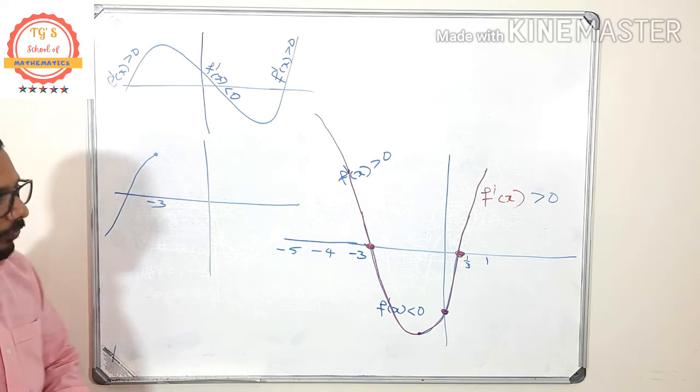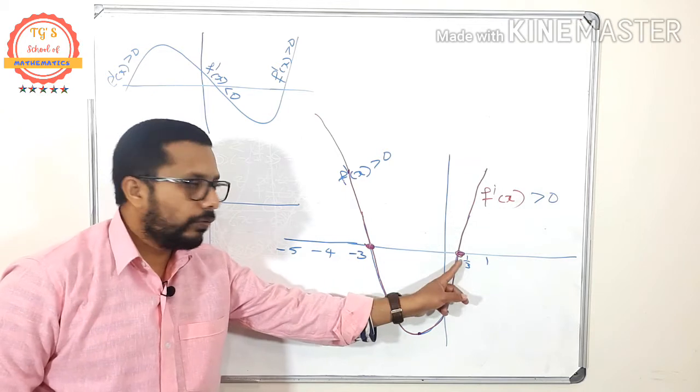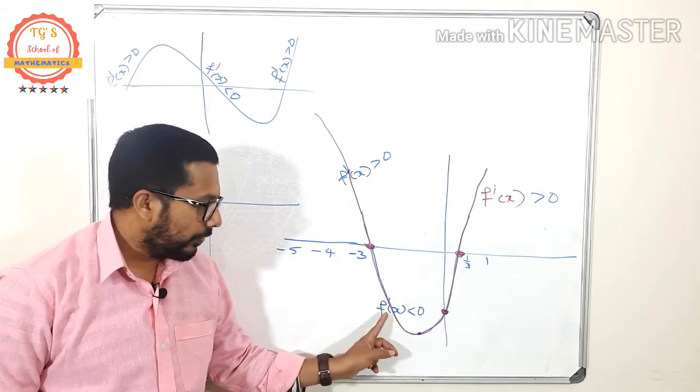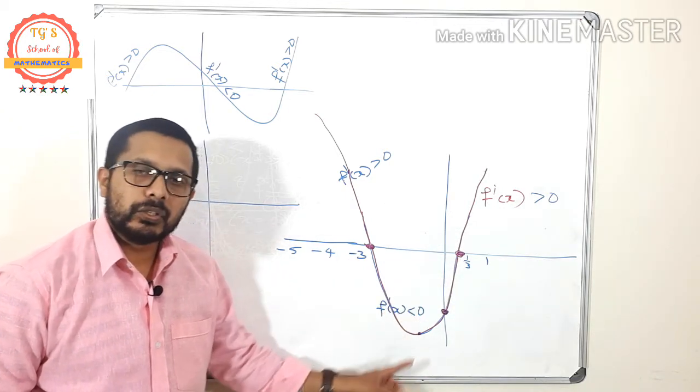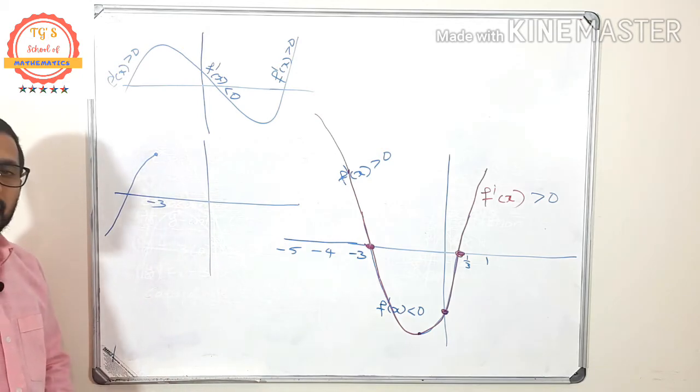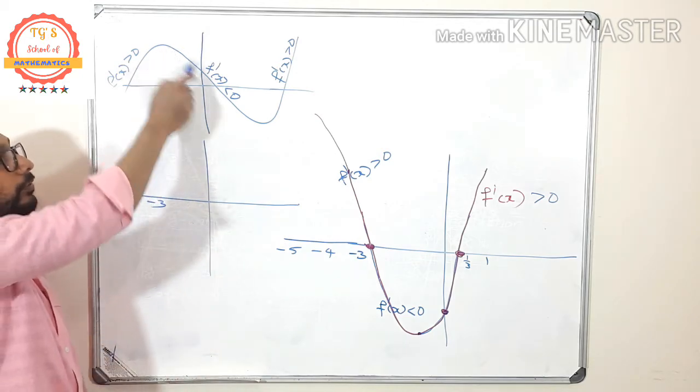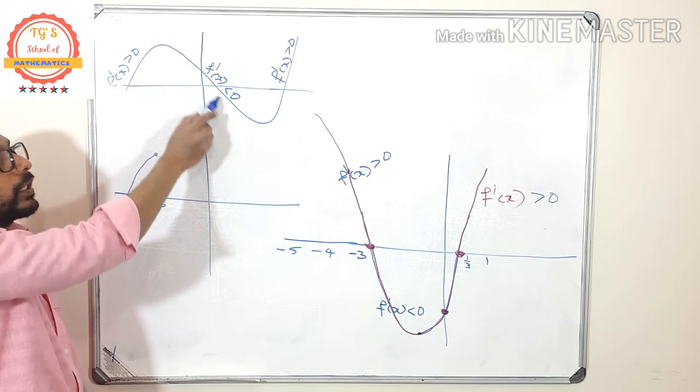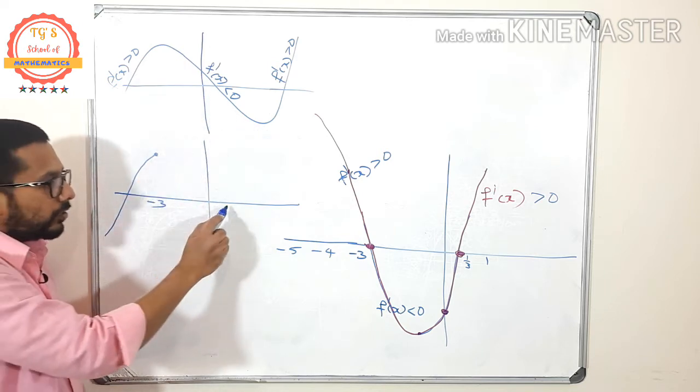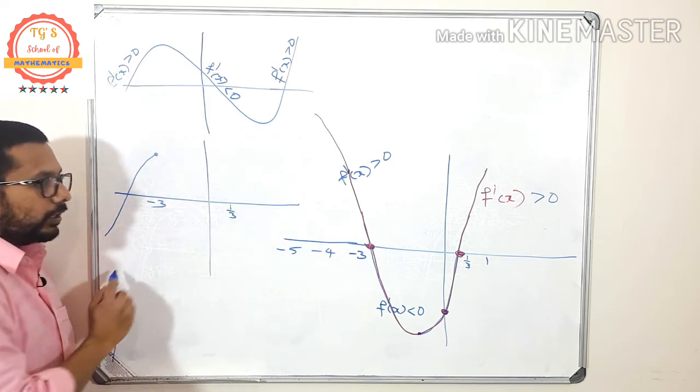Okay, then from minus 3 to 1 over 3, f dash of x is less than 0. When f dash of x is less than 0, what happens to the original graph? The original graph is decreasing from minus 3 to 1 over 3.